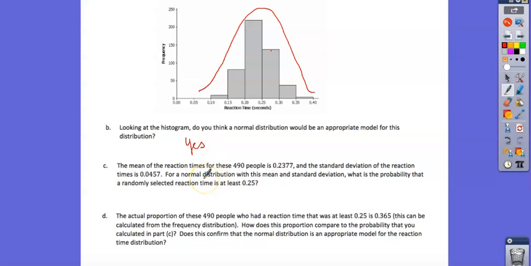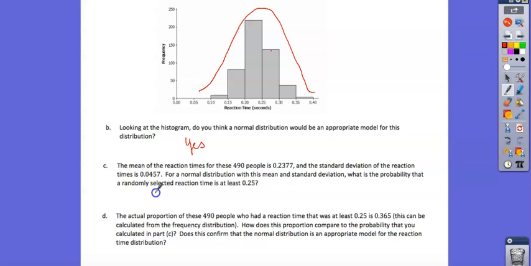So I can use some of my tools here. If I wanted to use a graphing calculator, this is where you have to be careful. You have to know if you're using left bound only, right bound, or both.